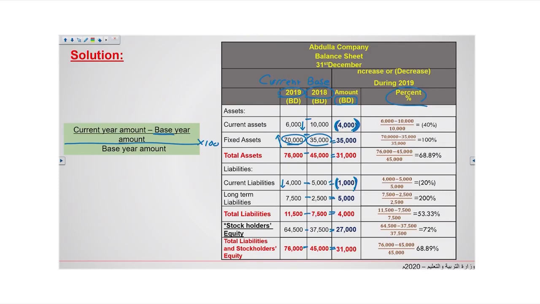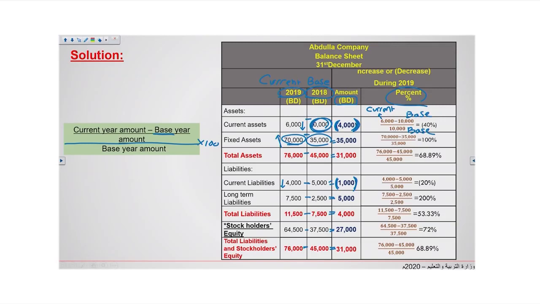We have the current year amount. This is the current year minus base over base year. Okay, so this is the base year, 10,000.